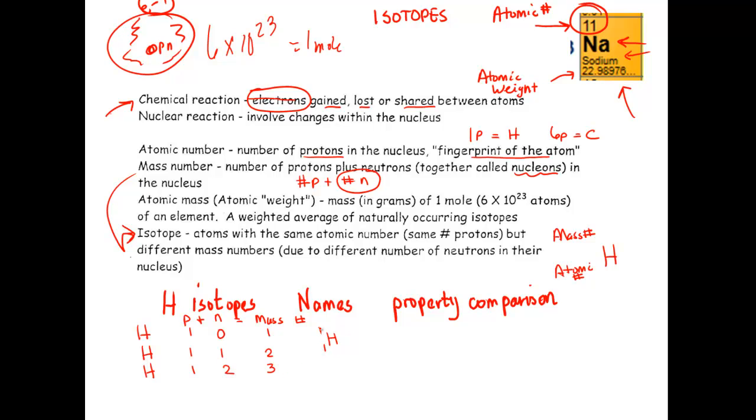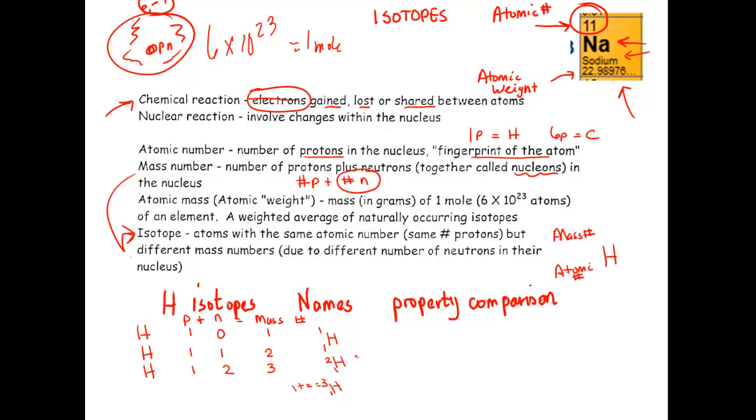We've got 1 proton and no neutron. For our second isotope, it would be 1, 2. We have 1 proton, and then 1 plus 1 gives us the 2. And for our last isotope would be 3, 1 hydrogen. We have 1 proton, and then the 1 plus 2 is equal to 3 for the mass number.